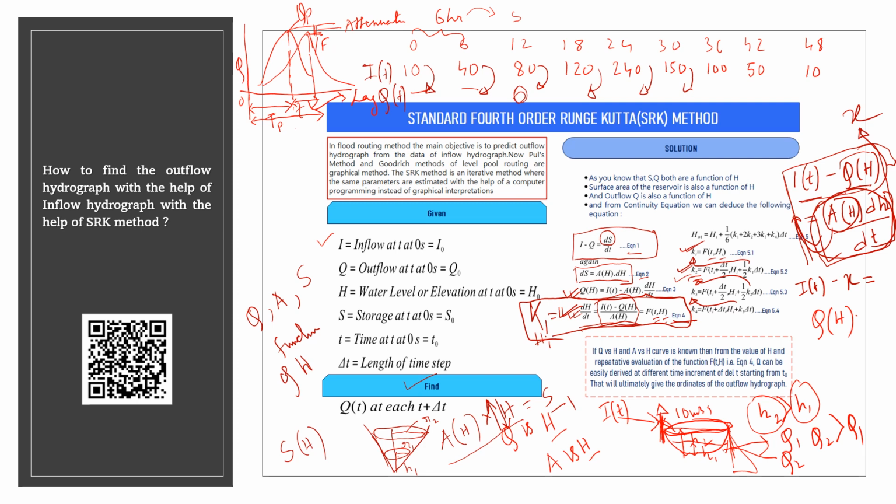And then k3 also is the same thing. t and H will change, along with H becoming Hi plus half k2 multiplied by del t. And in case of k4 also, the t will change. t will become t plus del t, and this H will become Hi plus k3 multiplied by del t.